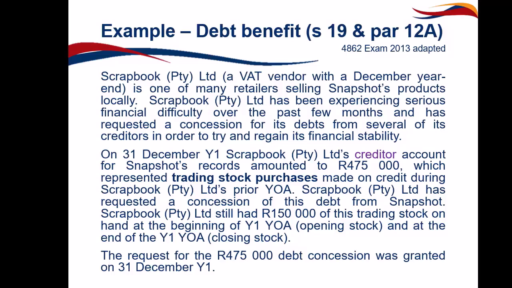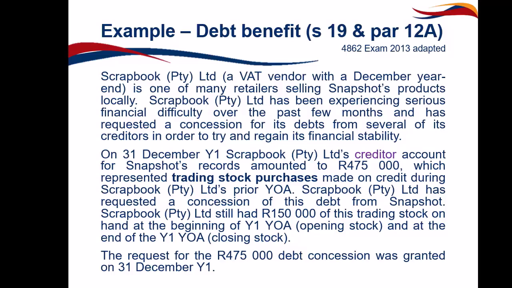Alternatively, we ask ourselves if that debt was used for the purchasing of a capital asset, and if that's the case, we take it a step further and see, was it an allowance asset or a non-allowance asset? Then we ask more questions: is this asset still on hand at the date that the debt benefit is granted, or has it been sold?